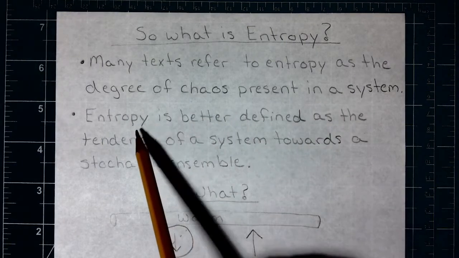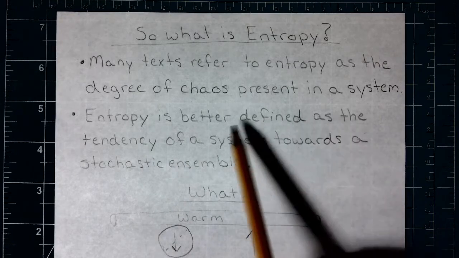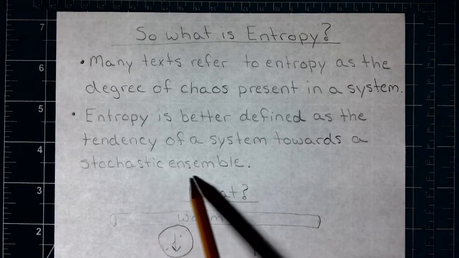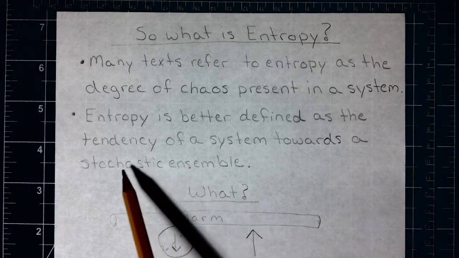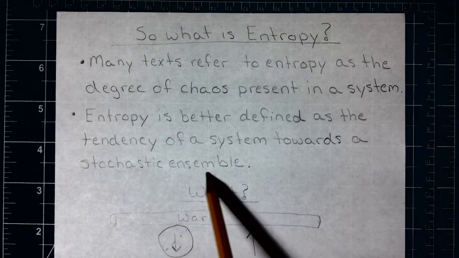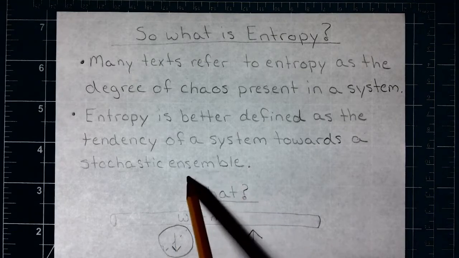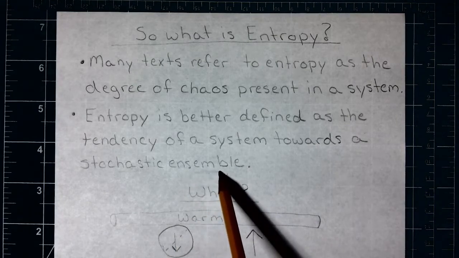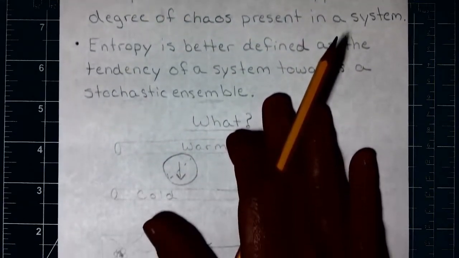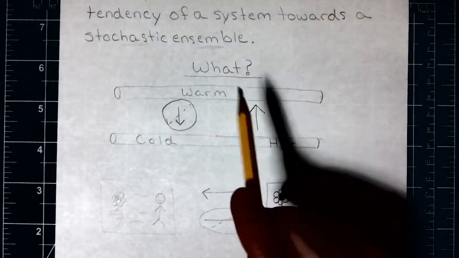But it's really better defined as the tendency of a system towards a stochastic ensemble. Stochastic means random, and an ensemble is like a population that can be sampled statistically. But, I mean, what does that even mean?